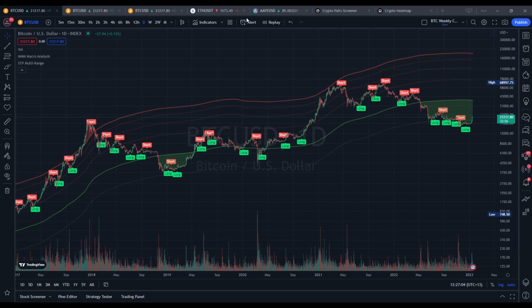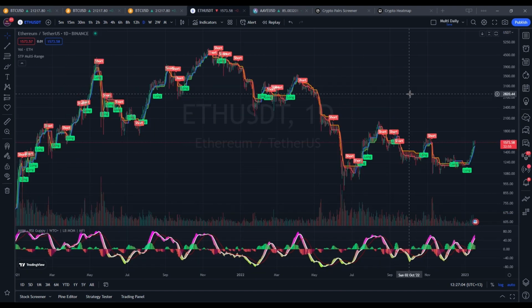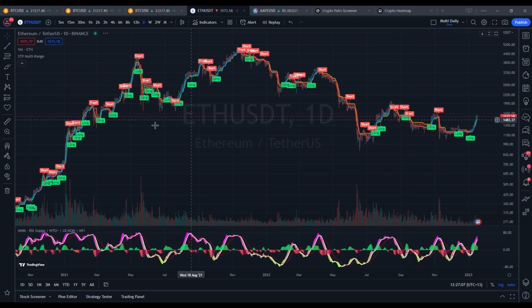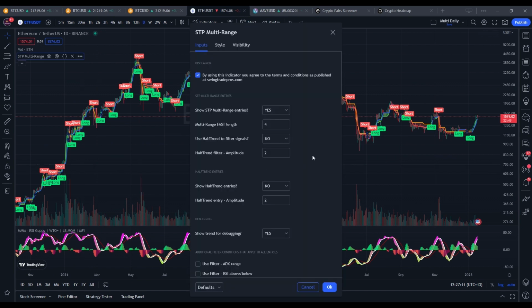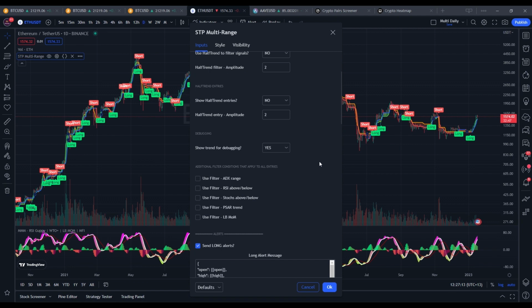Now as we switch and look at other assets like ETH, we've got the ability to really tweak the multi-range indicator. One of my favorite momentum indicators is the Lazy Bear momentum indicator, so I've done a little tweak on it. It still uses standard calculations.